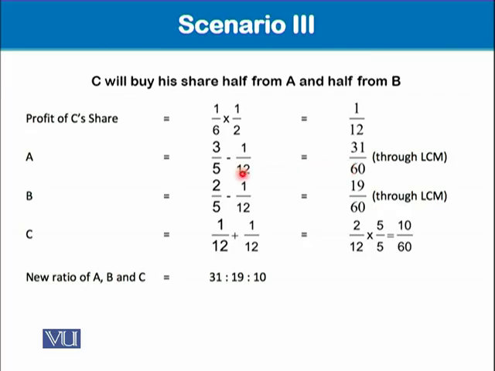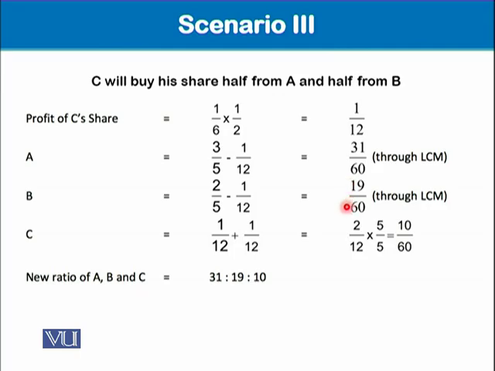Okay, so 5 times 12 is 60, which would be the LCM. And then we work it out. It will be 31 by 60. You can work it out very well. It is not that difficult. And then 2 by 5 minus 1 by 12 is equal to 19 by 60.